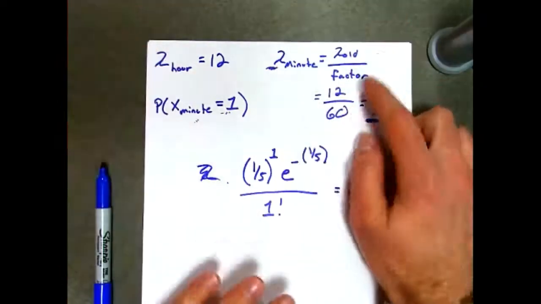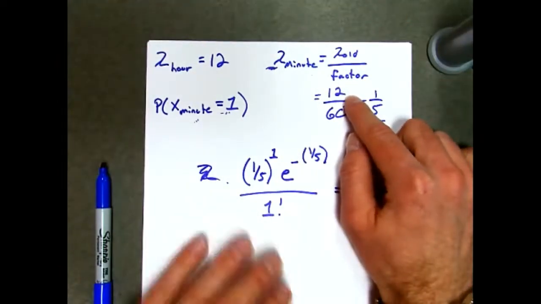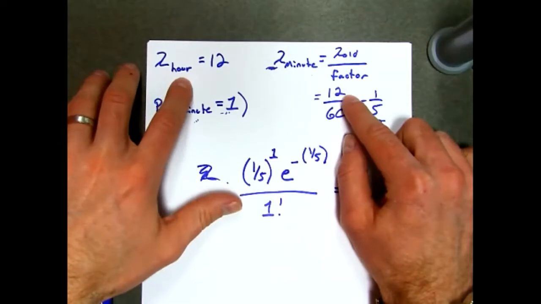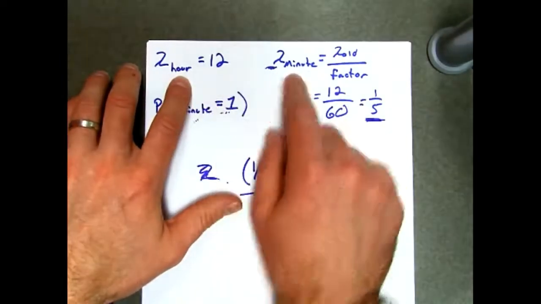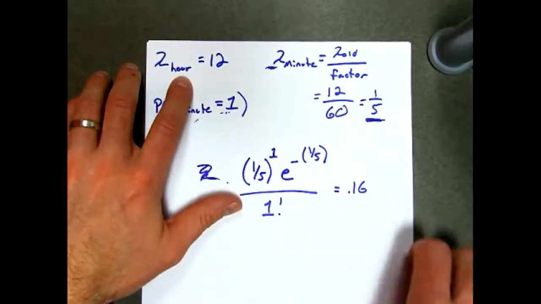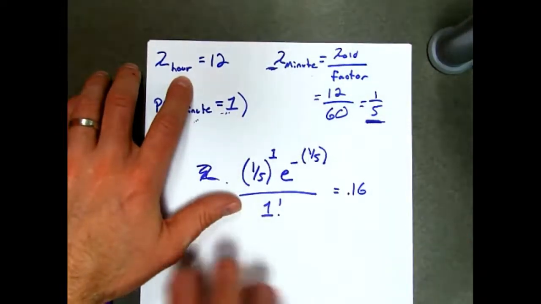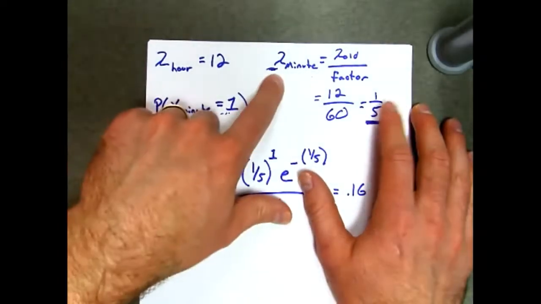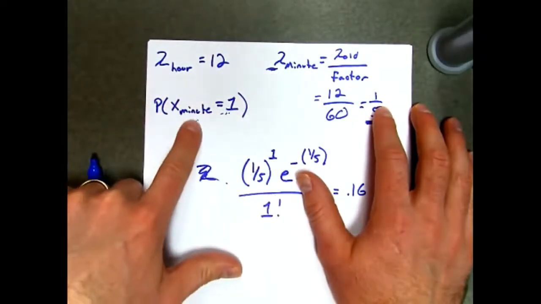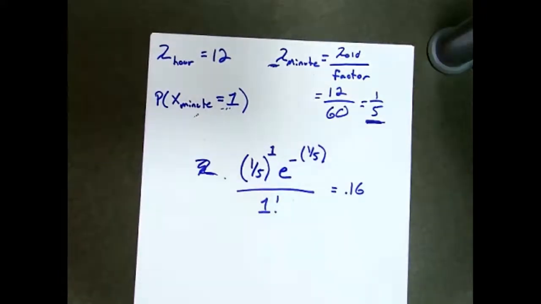So I take that old time interval and divide it by that factor of 60, going from an hour to a minute. If I was going from year to month, I'd divide by 12, week to day, divide by 7. That's where that lambda came from, the average rate over the time interval I was interested in.